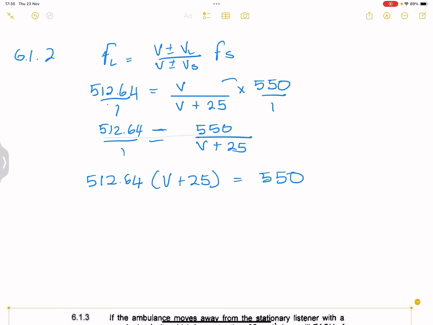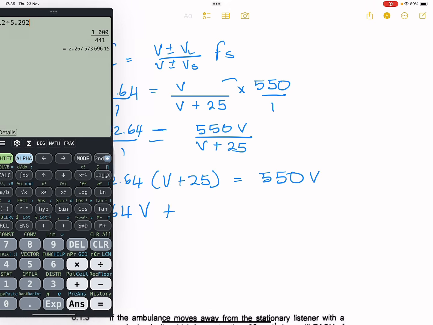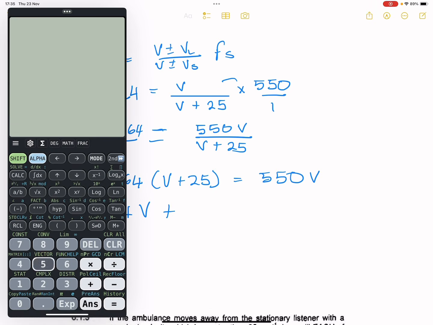So we multiply into the bracket and we've got 512.64V plus 512.64 times 25, which gives us 12,816, equal to 550V.